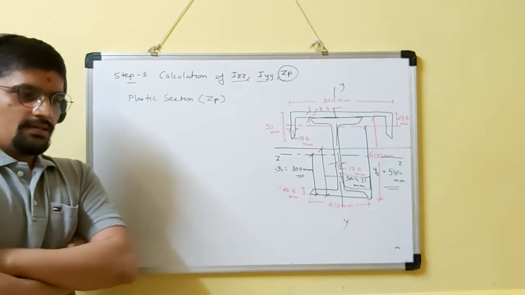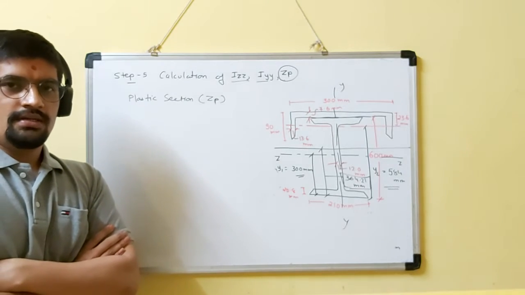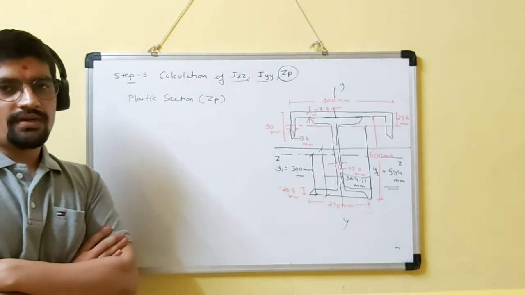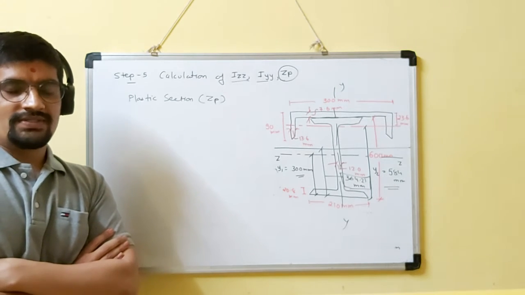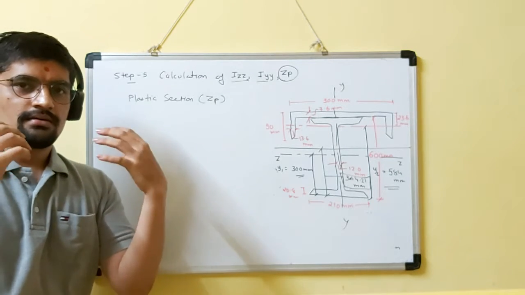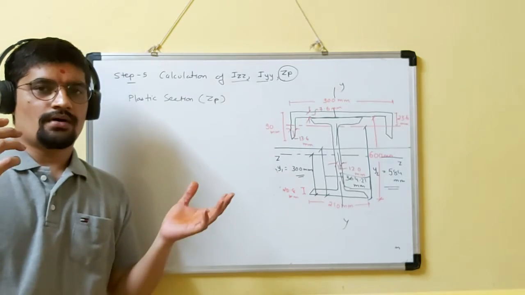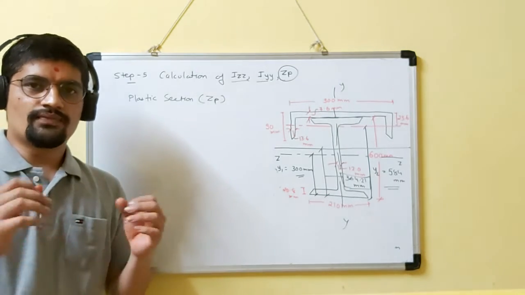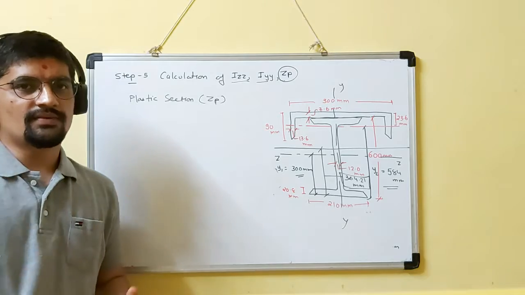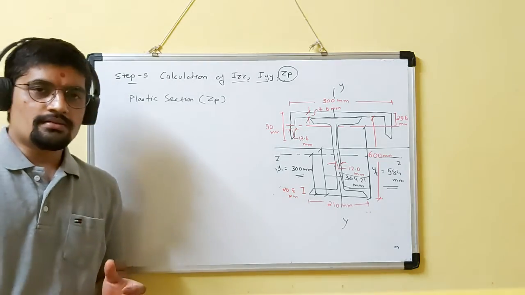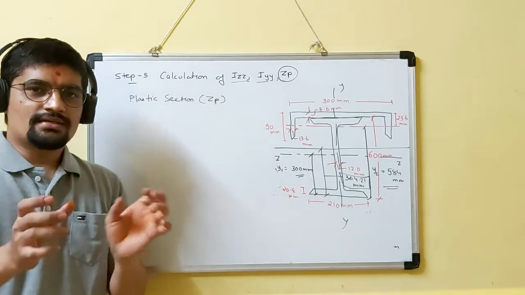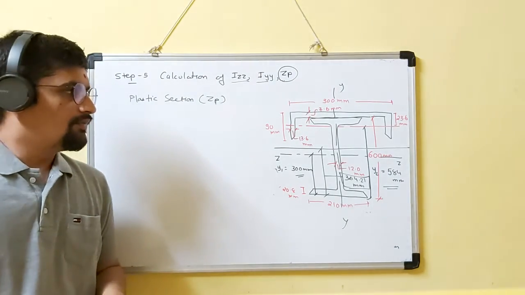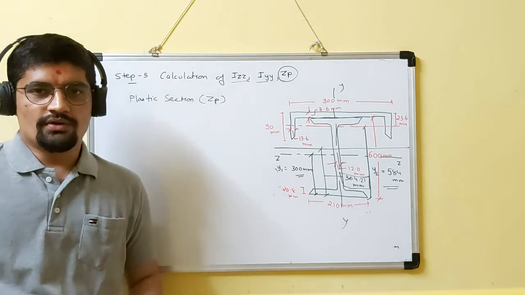There are various equations for calculating ZP. It depends on the shape of the section. For a circular section, it is a different equation. For semicircular, it is a different equation. For triangular shape, it is a different equation. For that, we have to cut this section into various types of shapes. So we will cut our section into rectangular shapes.